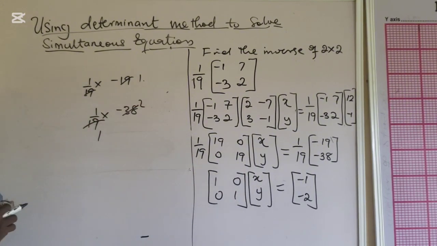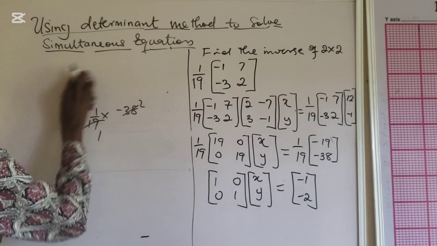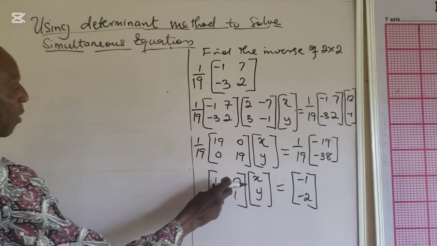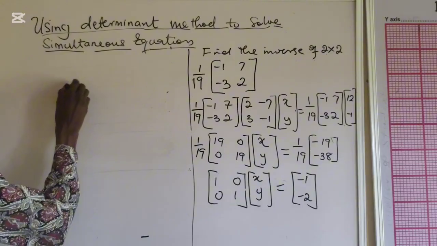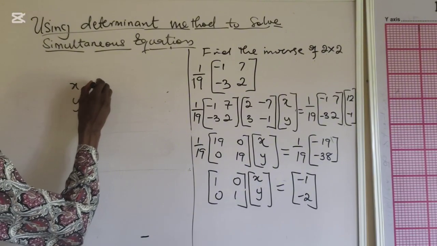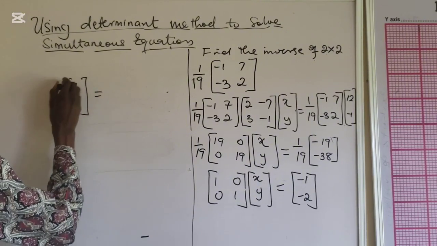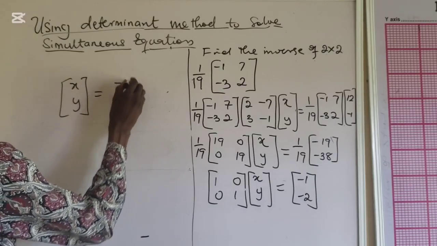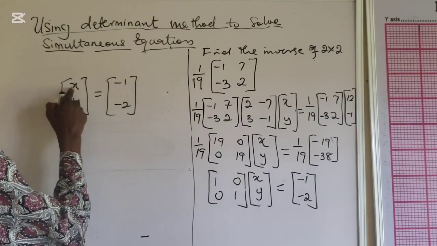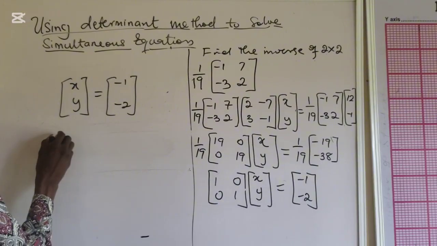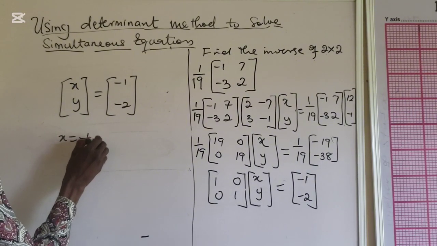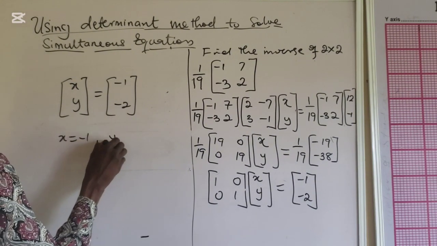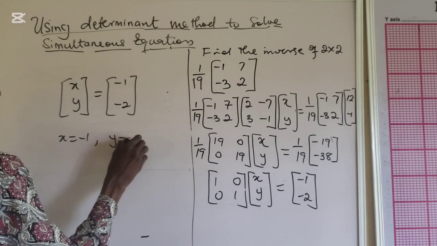So therefore, using the identity matrix, 1 times this gives us x, y, and is equal to minus 1 and minus 2. Like when I say one-on-one mapping, x is mapping minus 1, so x is equal to minus 1, and y is mapping minus 2, so y is equal to minus 2.